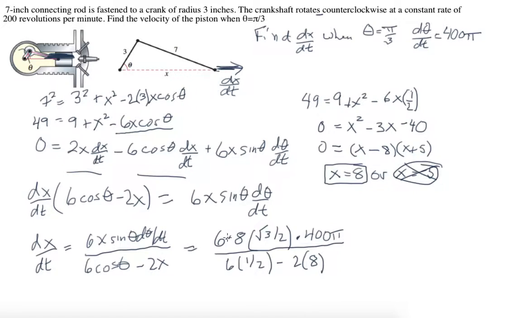And when we plug this into a calculator and solve, we'll get approximately negative 4108. And our units would be inches per minute here. And so since we're talking about velocity, since we got a negative, this tells us that at this moment in time, our piston is actually moving in this direction because of that negative sign. So there's example 3.